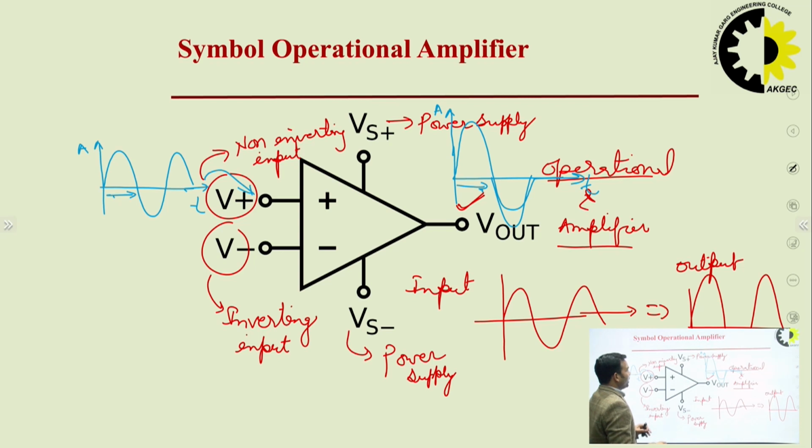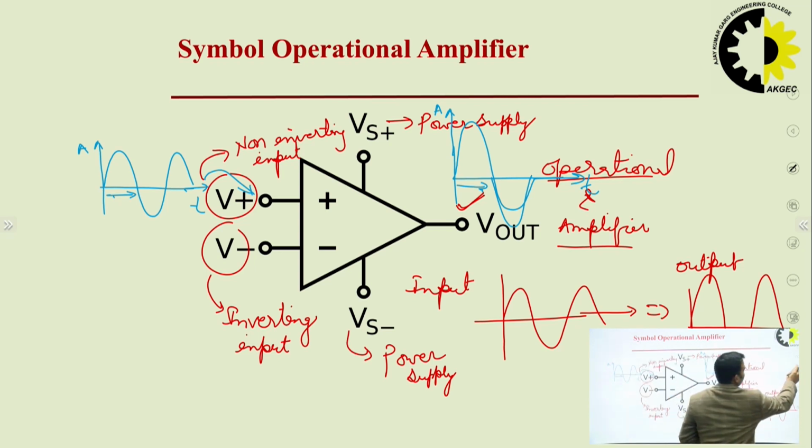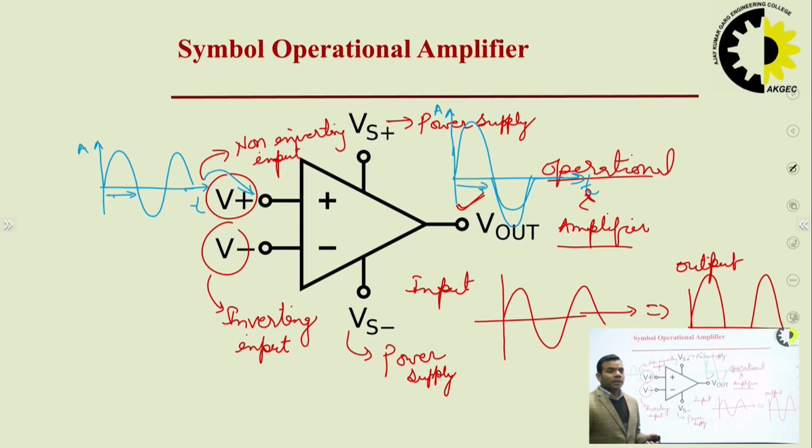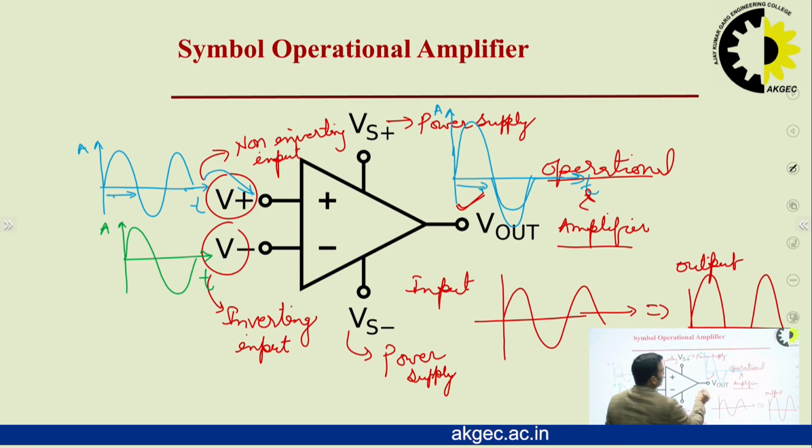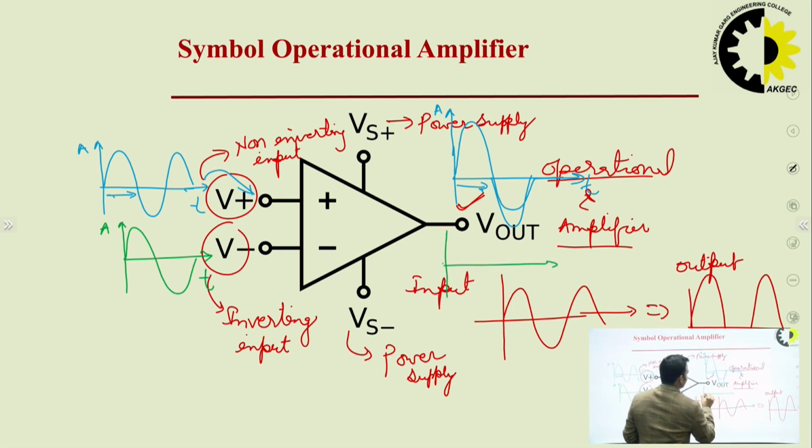And if I apply input on another terminal, that is, inverting terminal, for example, this is the input, then output will be amplified, but it will be out of phase.